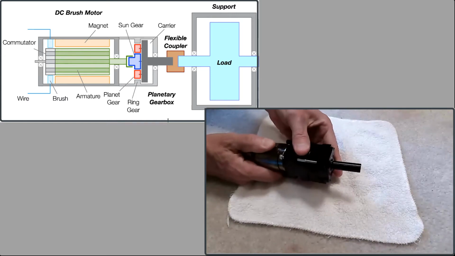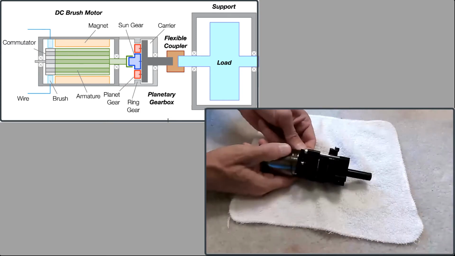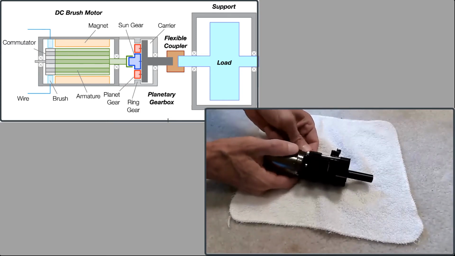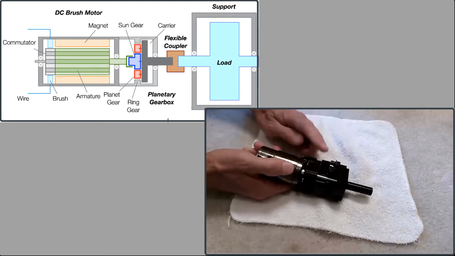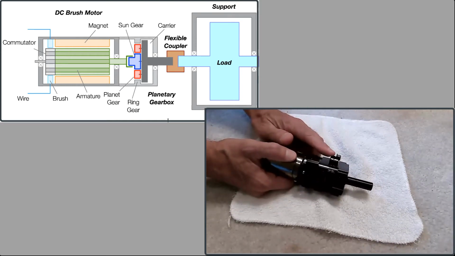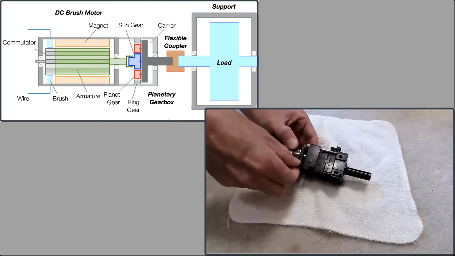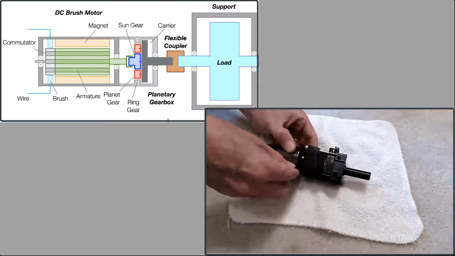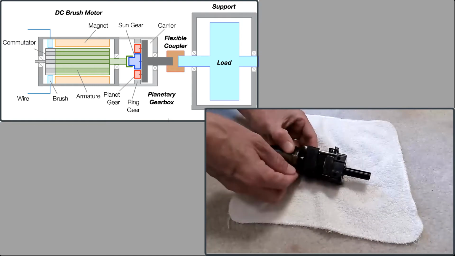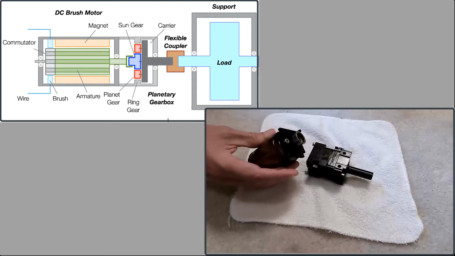There we go. Have to give it a little firm tug. This gear head's kind of cool, actually. It's got an encoder built into it. So this encoder is measuring the shaft rotation, the output shaft, which is right here, of course. Almost got it. Oh, I think I got it. There we go. We can say bye-bye to the motor.